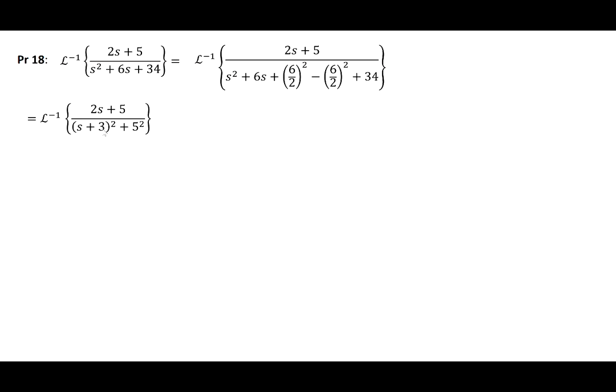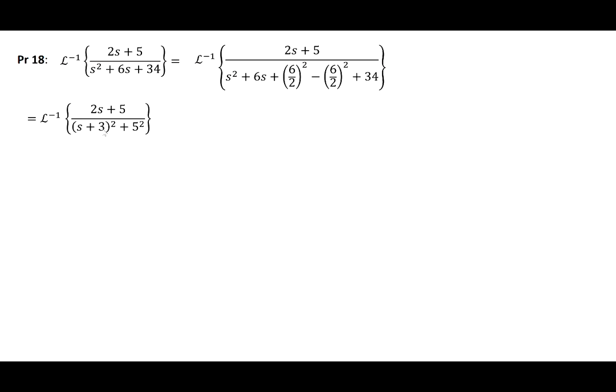Yeah, that is cosine of 5t. Cool. Is there a formula for 5 over s squared plus 5 squared or 1 over s squared plus 5 squared? Yeah, that involves sine of 5t, right? So if in the denominator we were to have s squared plus 5 squared, then we are in business, right?